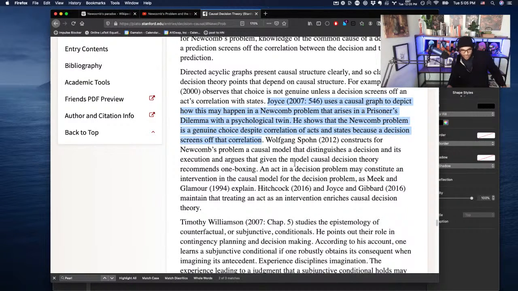Okay. So yeah, the YouTube video says causal decision theory says two boxing. Here we're hearing one boxing.